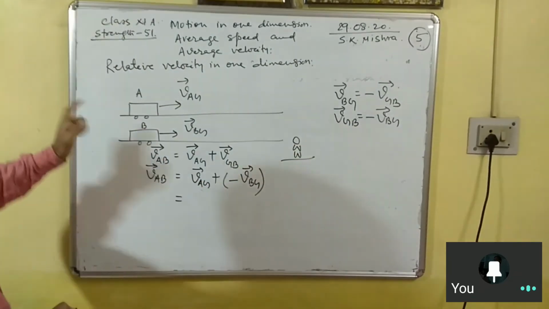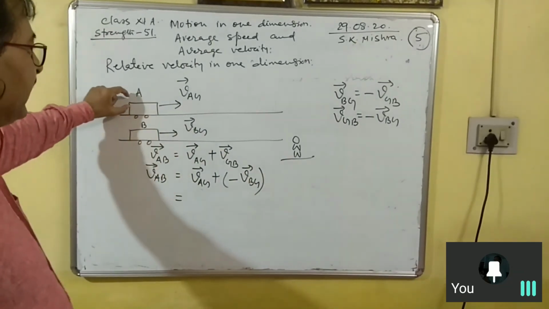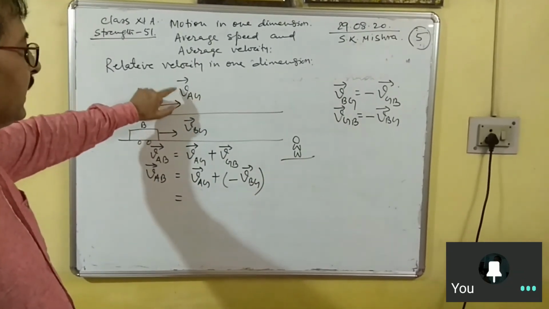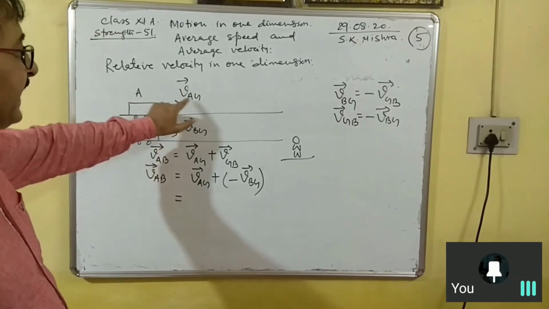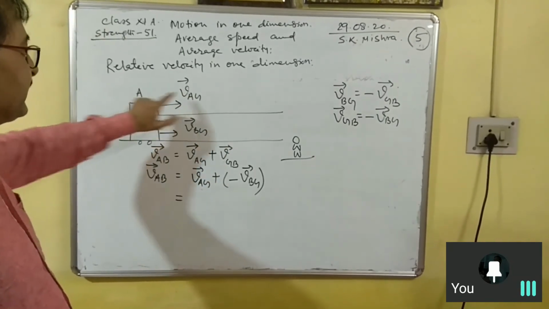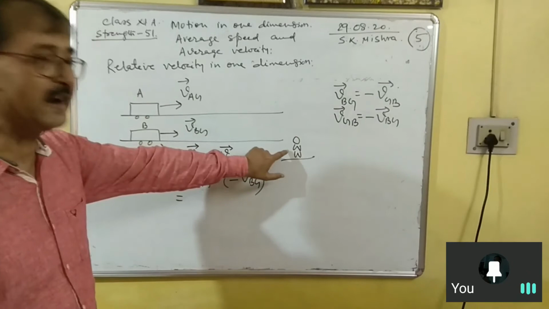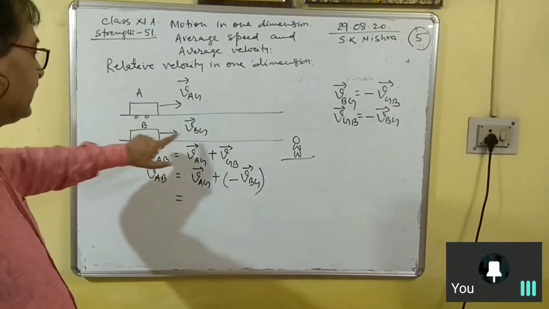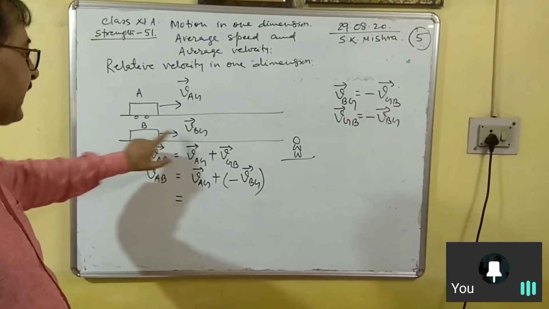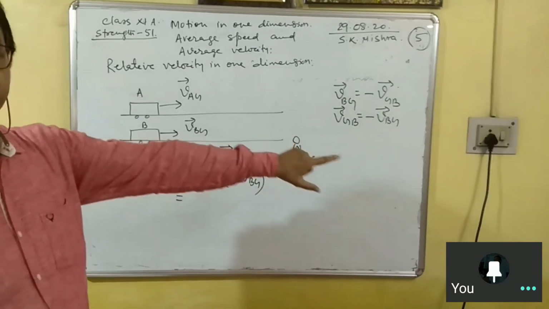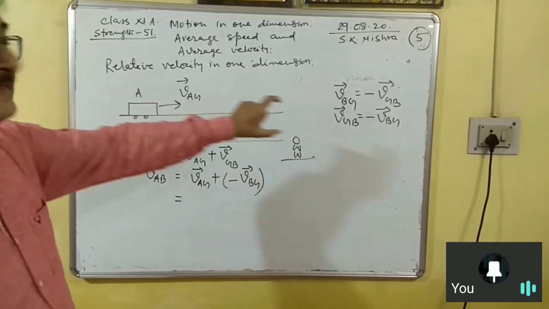This person is observing that train A is moving with velocity VAG, that is velocity of train A with respect to ground. The person is standing on the ground and is reporting about the velocity of train B with respect to ground. Both the trains are moving in the same direction.